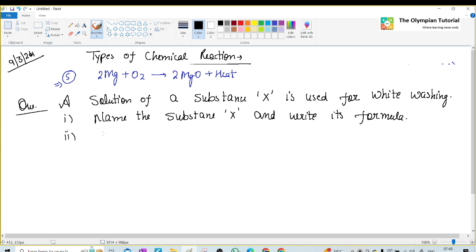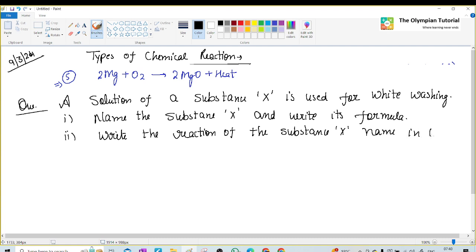In second, write the reaction of the substance X named in one above with water. Write down the question. Think about it.